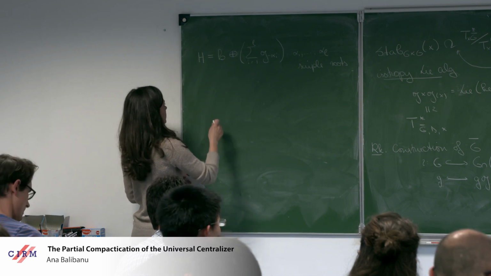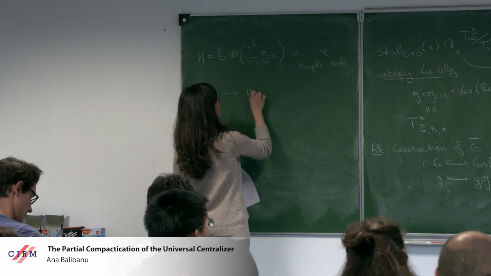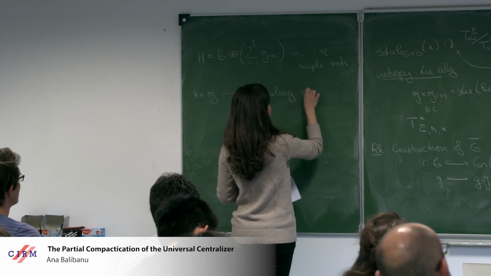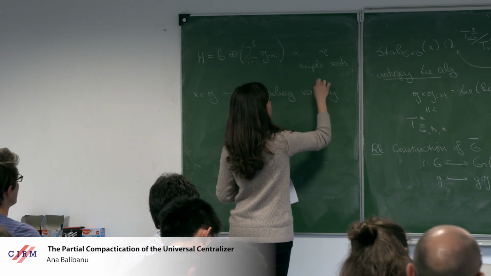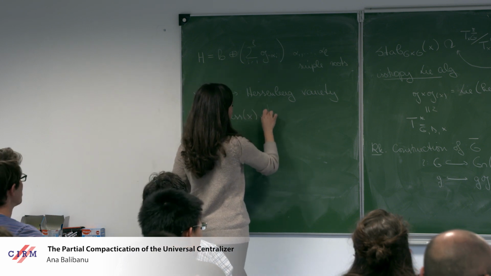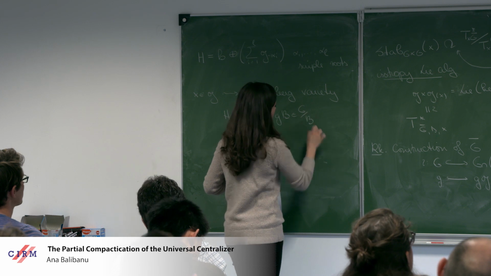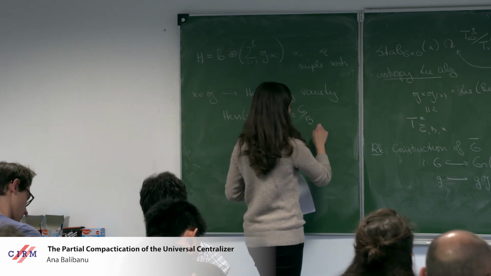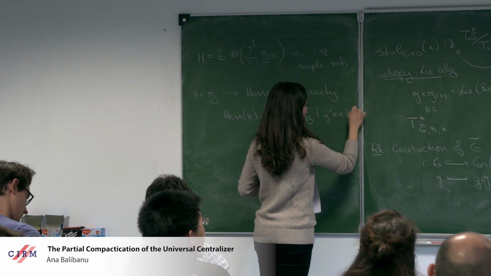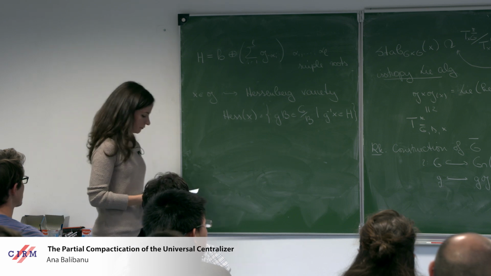And then for every element x in g, we have an associated object called a Hessenberg variety, which consists of cosets in the flag variety associated to group elements g with the property that g inverse applied to x is contained in h.